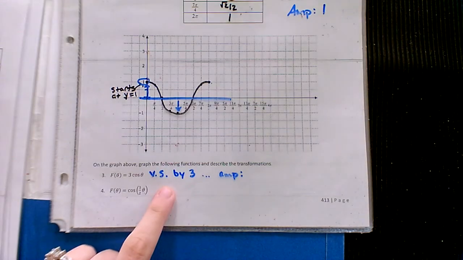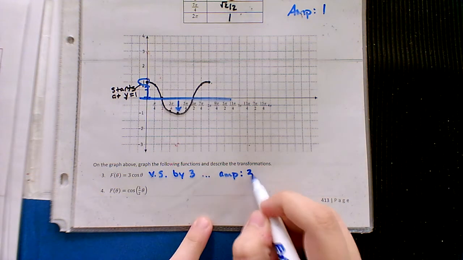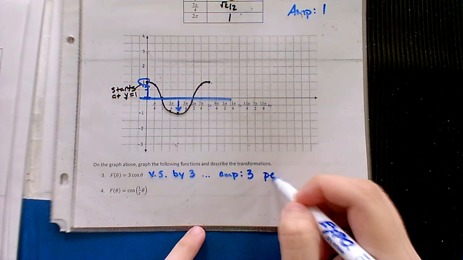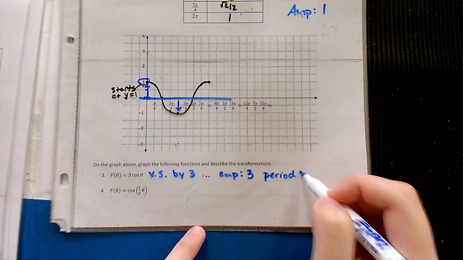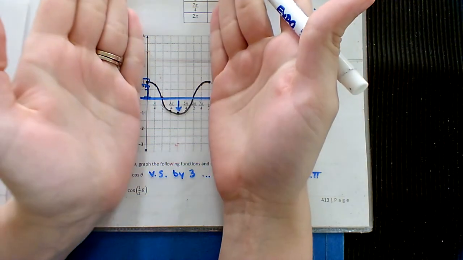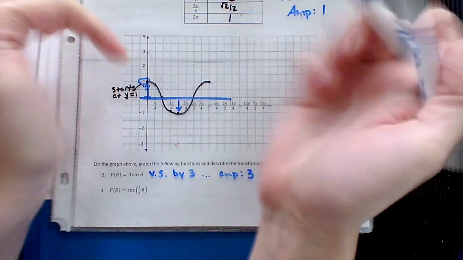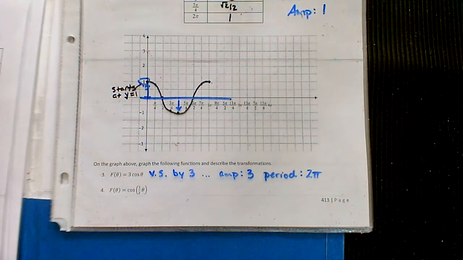So if we're vertically stretching this graph, we're only really changing the height of the graph. We're not changing the width. So the new amplitude should be 3, and we're not changing the period, so it's going to remain 2 pi. So what this might look like is it's still going to go from 0 to 2 pi. It's still going to be in that little section, but instead of going up 1 or down 1, you now have to go up 3 or down 3.